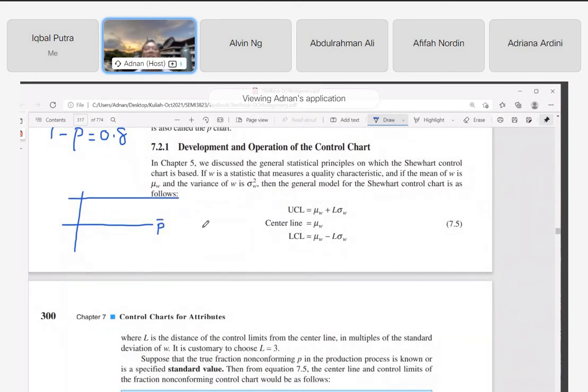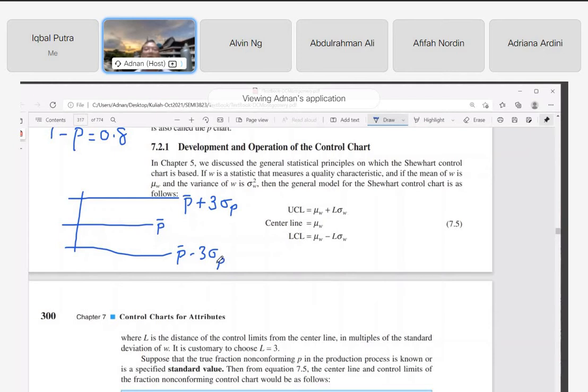The top line will be P bar plus, as usual, 3 standard deviations of P. The same also at the bottom: P bar minus 3 standard deviations of P.